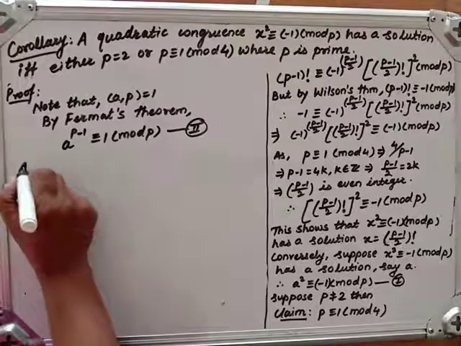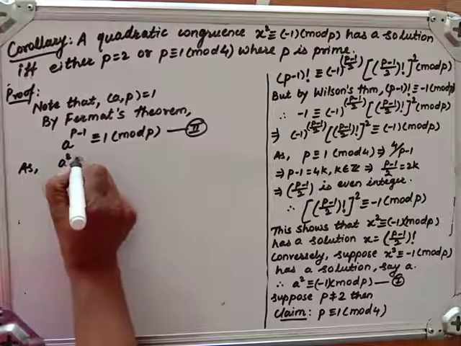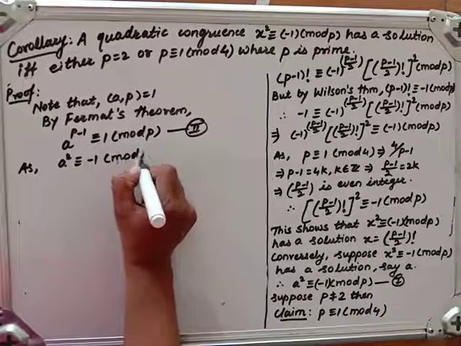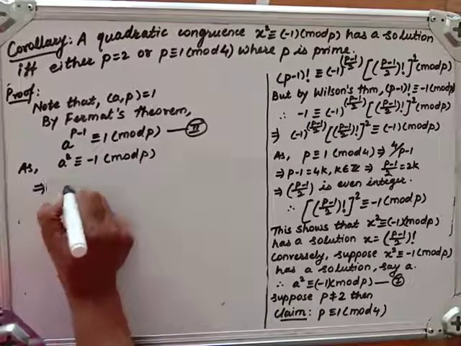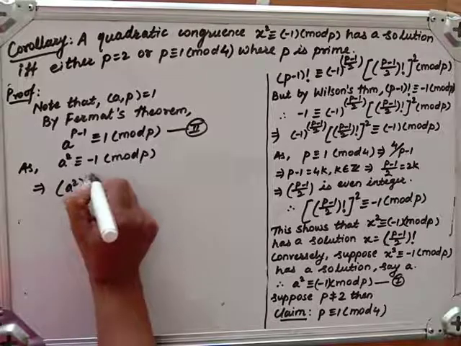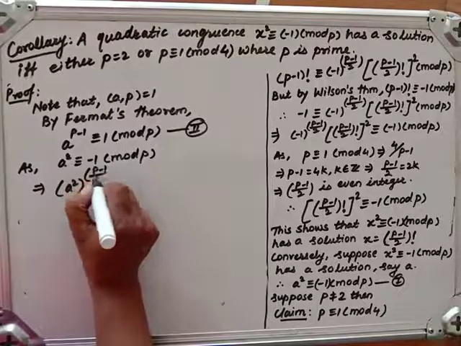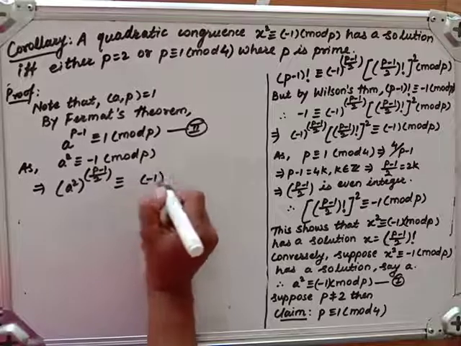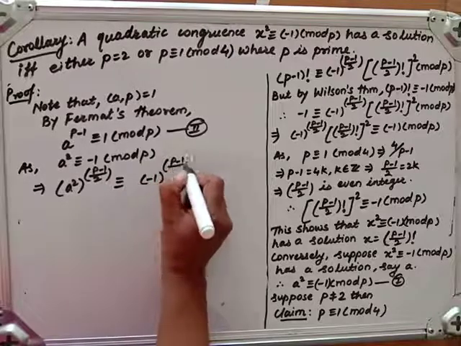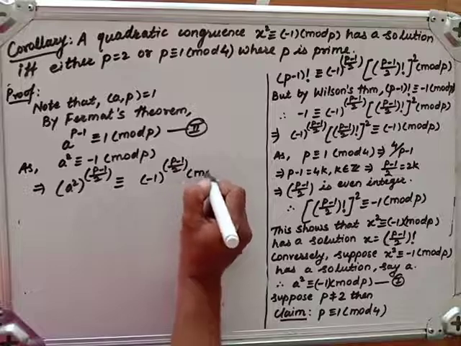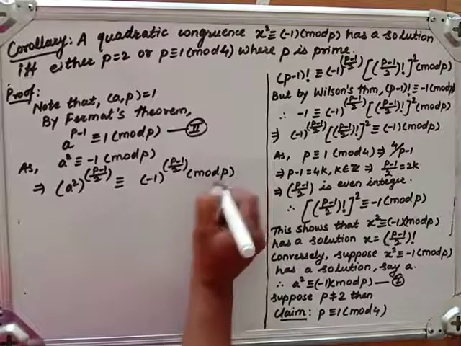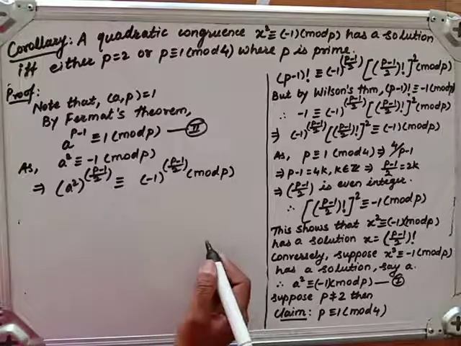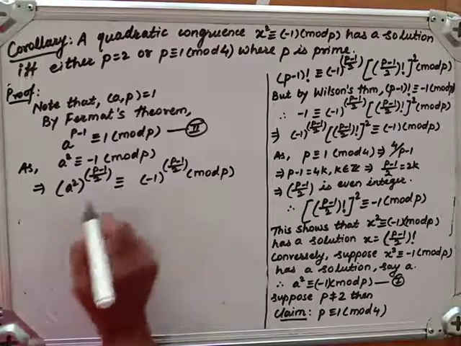Now, as A squared is congruent to minus 1 modulo P, from that I can say A squared raised to P minus 1 by 2 is congruent to minus 1 raised to P minus 1 by 2 modulo P. If A is congruent to B modulo P, then A raised to M is congruent to B raised to M modulo P. The power will remain the same.